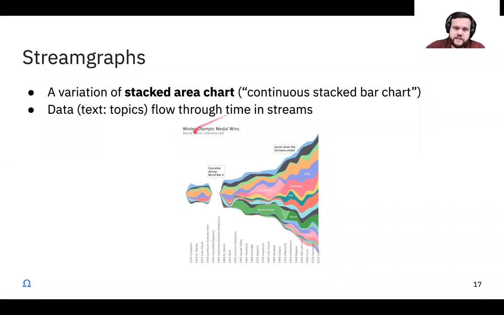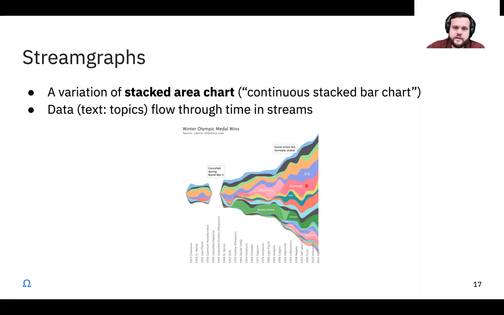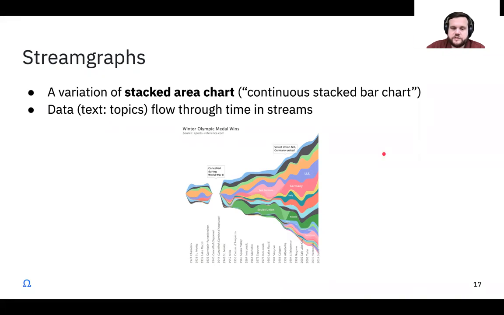This data is not really text data, but to illustrate, this plot goes over the medal wins during the Winter Olympics for various countries over time. This is just an illustration plot.